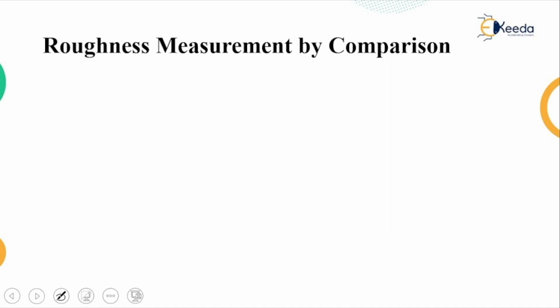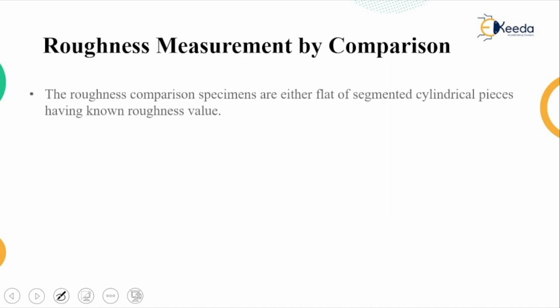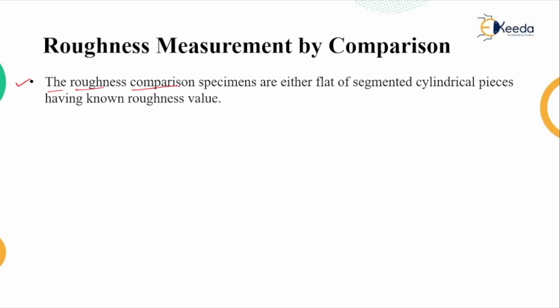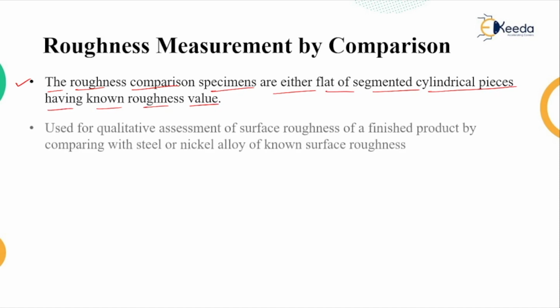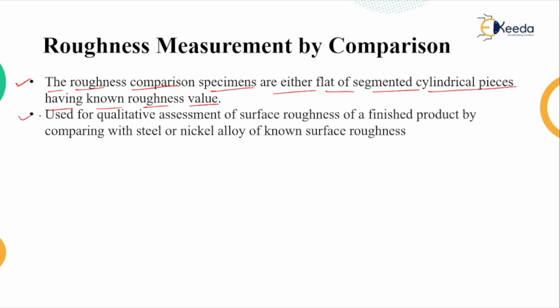Roughness measurement by the comparison method. The roughness comparison specimens are either flat or segmented cylindrical pieces having a known roughness value. These plates are used for qualitative assessment of surface roughness.